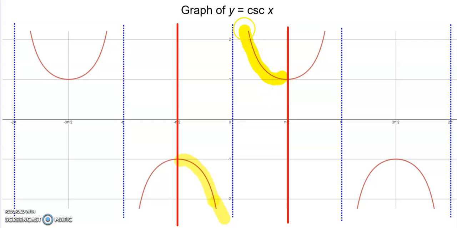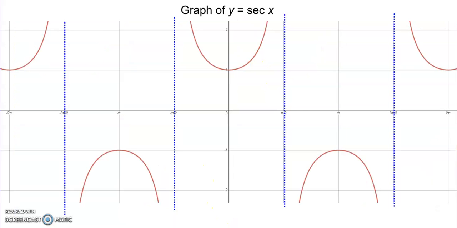And the same with up here. We're going to approach the asymptote but never touch it. Don't be 0 because we are undefined. So that's what we're saying. On our secants, we're going to go from 0 to pi over 2.